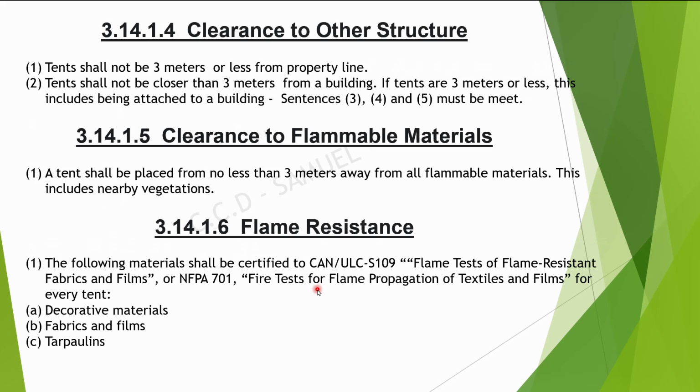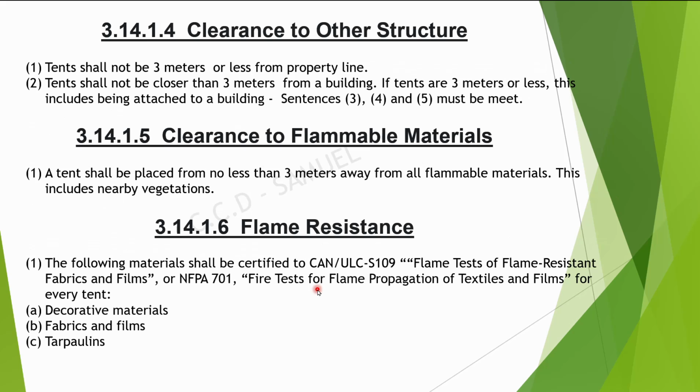Now, sentence 3.14.1.4, clearance to other structure. Tents shall not be 3 meters or less from the property line. Now, a tent shall not be closer than 3 meters from a building.